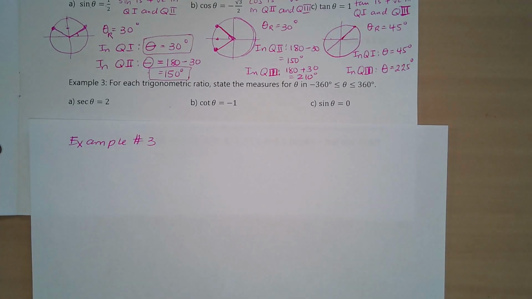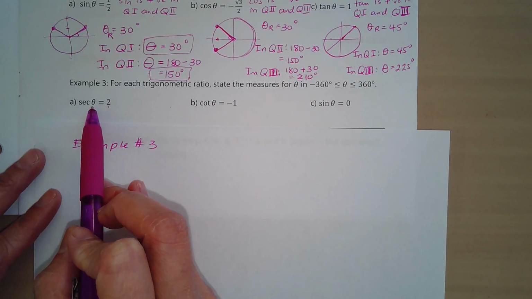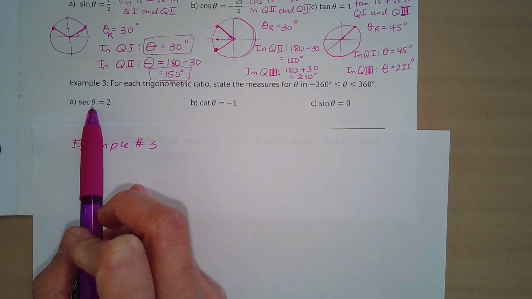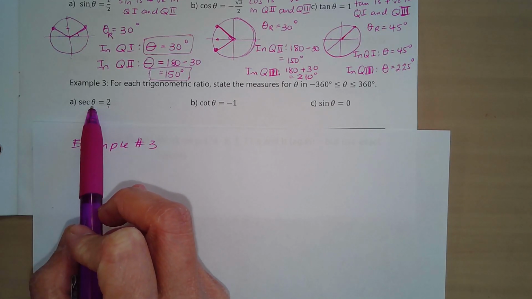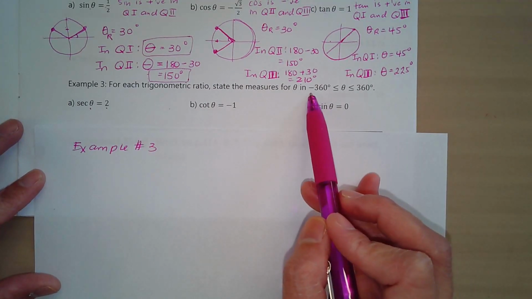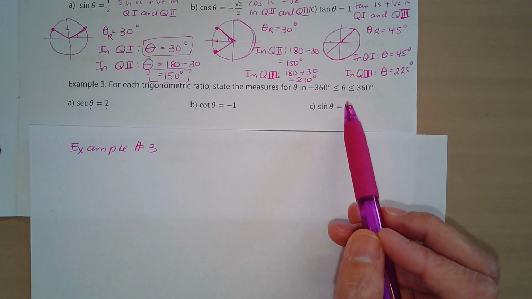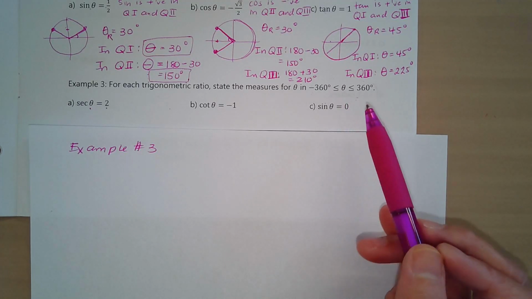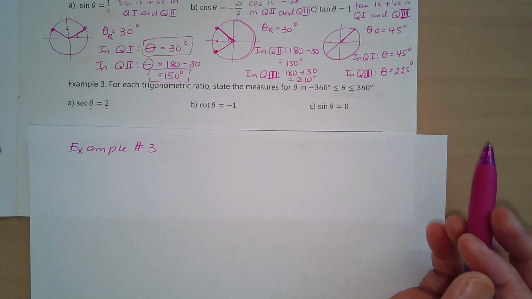For each of these trigonometric ratios, they gave us the trigonometric ratio. We're working backwards, meaning we want to know what the angle is. On top of that, our angle has to fall within negative 360 to positive 360. Okay? So, let's see what we can do.